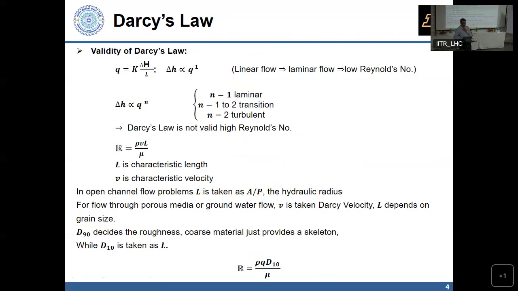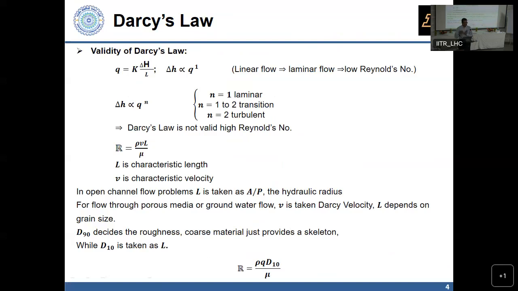That is typically used to characterize a Reynolds number for flow in porous media. But porous media flows have very small velocities, so most of the time we think of it as obeying Darcy's law. If the velocities tend to be very high, that means the gradients are very sharp, then Darcy's law is going to be violated, and you might have to make some adjustments for it.